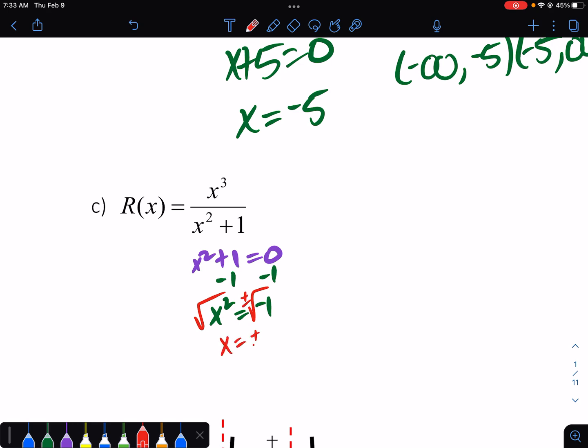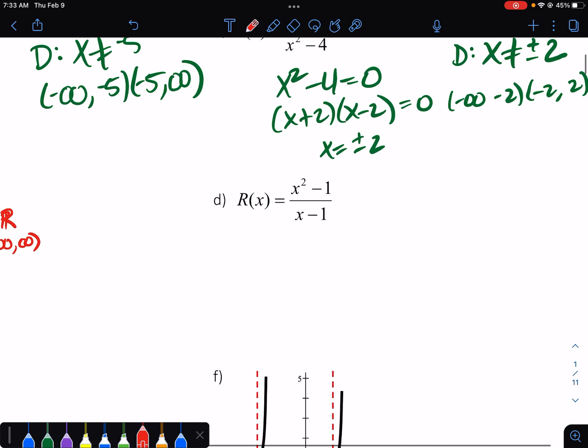So then this equals plus or minus i. Okay. Well, plus or minus i does not show up on a graph because it's a complex number or an imaginary number. So we don't need to worry about this. So our domain on this one is all real numbers, which we represent with a fancy R, or you could do -infinity to infinity.